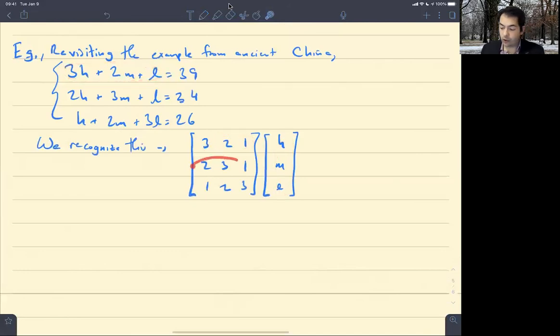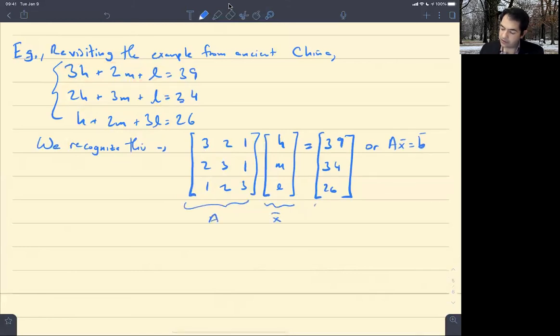If you do this row times this column, you get exactly this left-hand side. And if you do this row times this column, you get exactly this left-hand side. So this matrix vector product is the left-hand side of this system, and we're just trying to solve that equal to this. So we recognize this as Ax equal to b, as long as this is what we mean by A, this is the vector x, and this is the vector b.